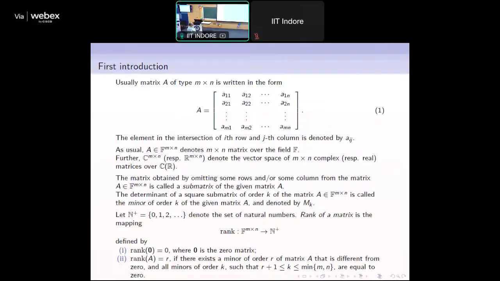We will use the standard notation for m times n matrices over a field F. m is the number of rows, n is the number of columns. Mainly we will consider fields given by complex numbers or real numbers.